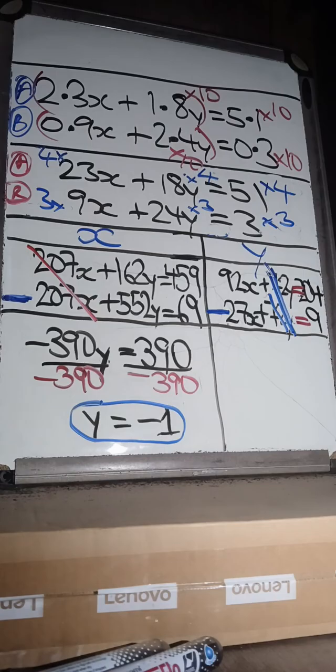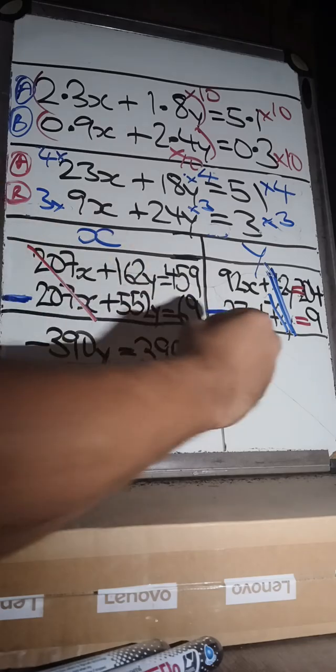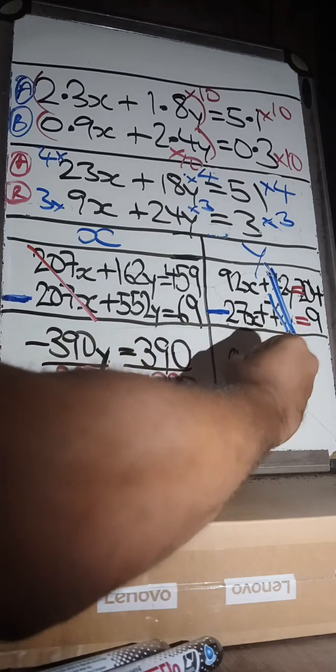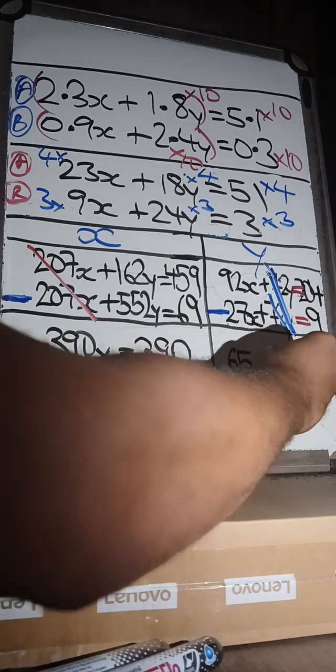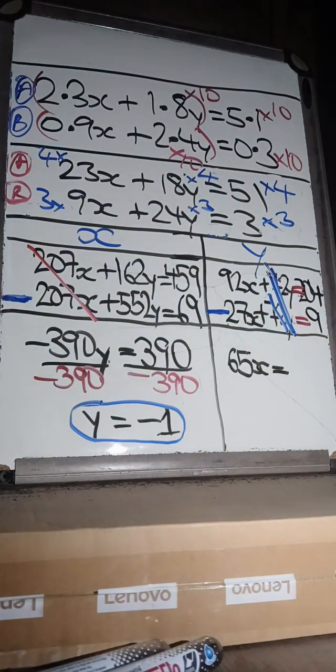Alright, so 92 minus 27 is 65. We will have a 65x on this side. 204 minus 9 is 195.